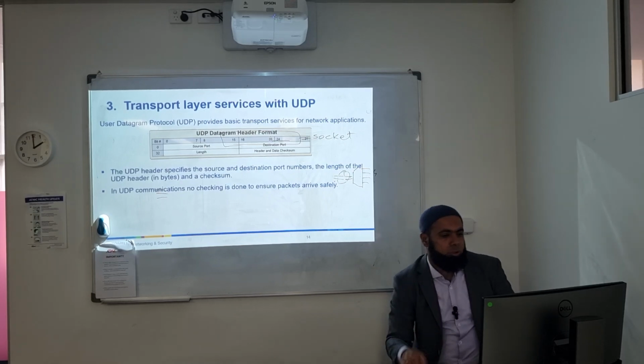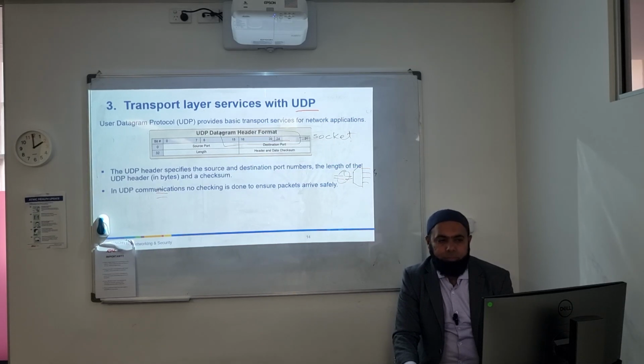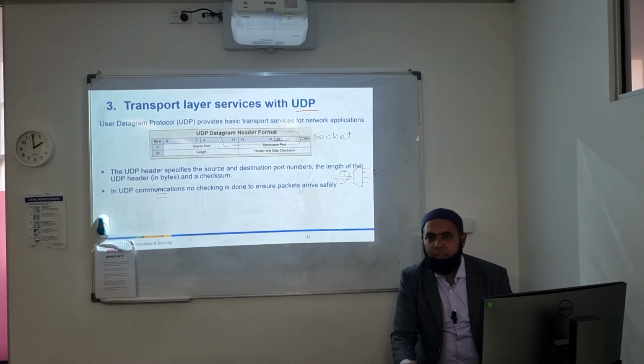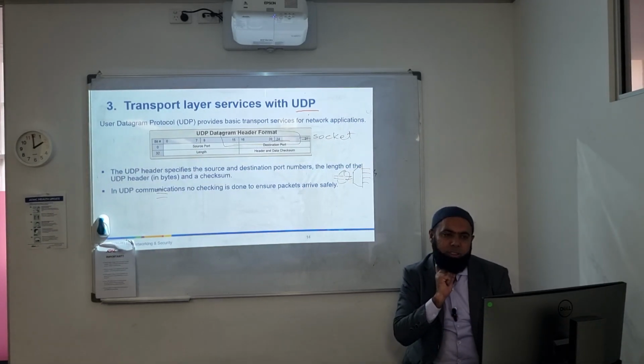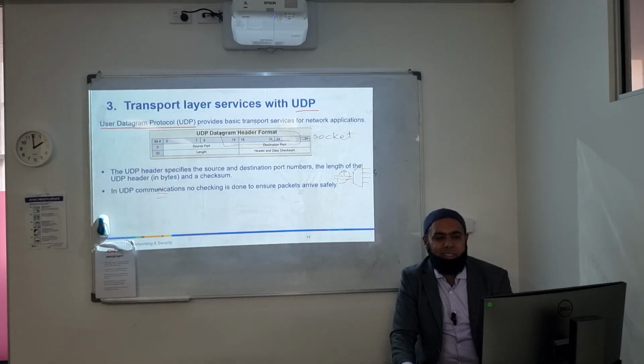Now coming to the next topic, transport layer services: UDP. As we mentioned, there are two different protocols, UDP and TCP. UDP first, known as User Datagram Protocol, provides basic transport services for network applications.